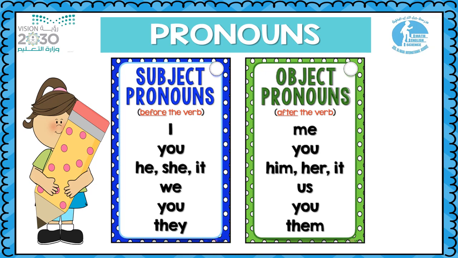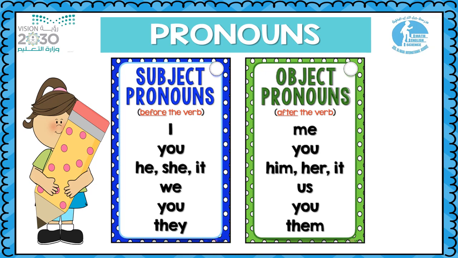The object pronoun of the subject pronoun I is me. So you begin the sentence with the pronoun I. But in the middle of the sentence or after the action verb, you use the pronoun me, not I. As we said, the pronoun you is used for both.